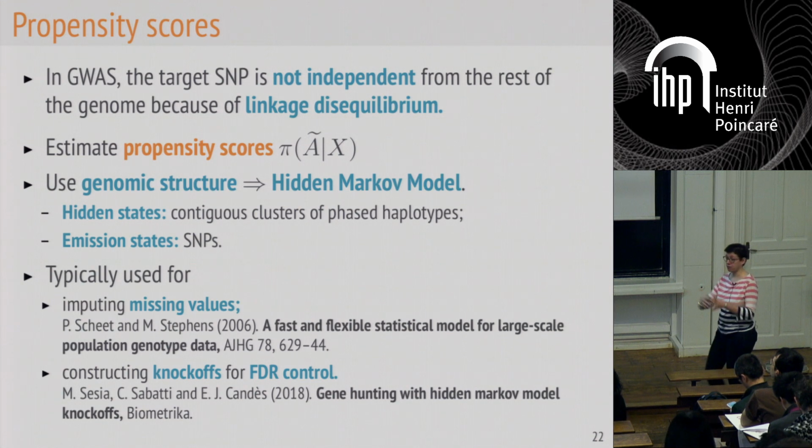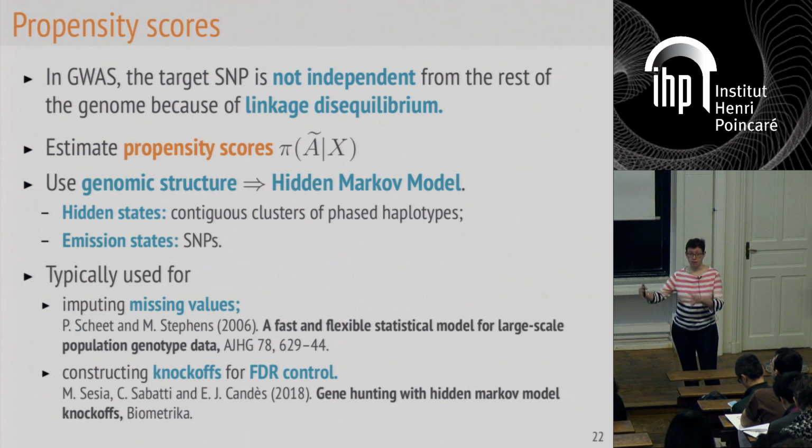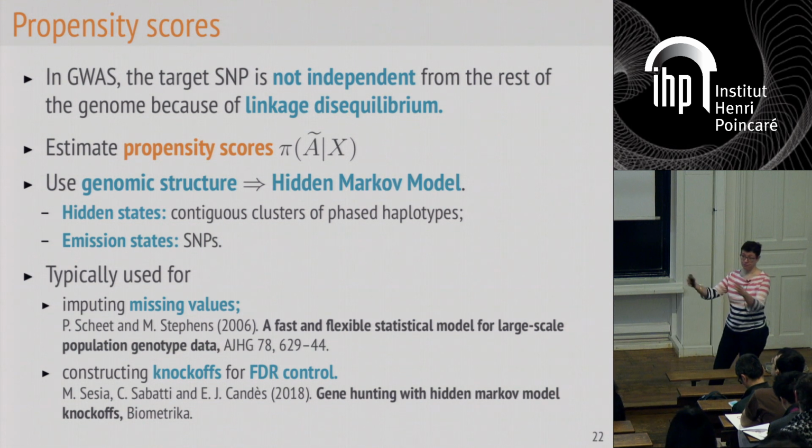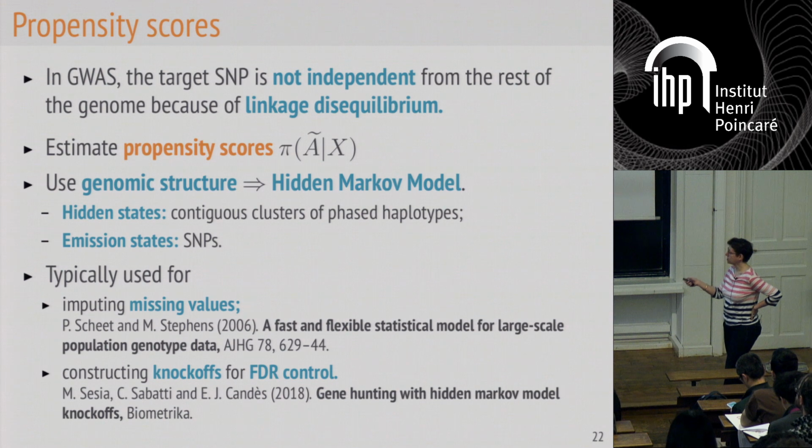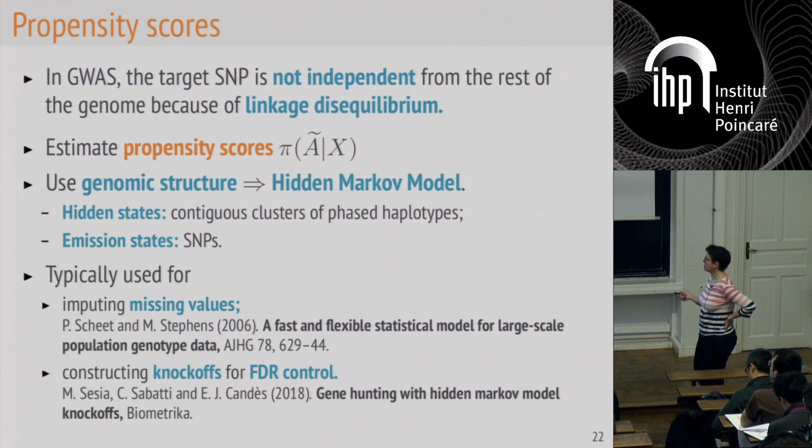So it means that we've clustered the features in blocks, and those clusters are our estimated haplotypes, and the emission states are the SNPs. We haven't invented this model, and it's typically used for imputing missing values. If you're familiar with knockoffs for false discovery rate control, it's also what Candes et al. have been using here.